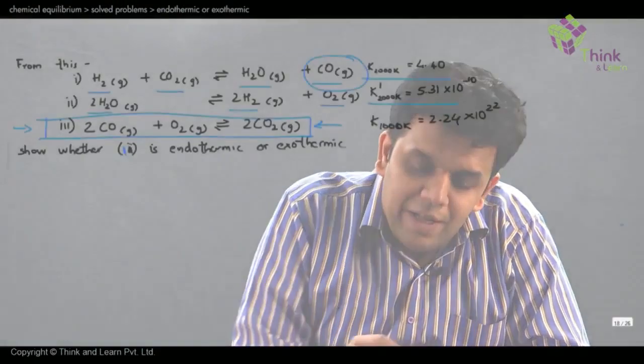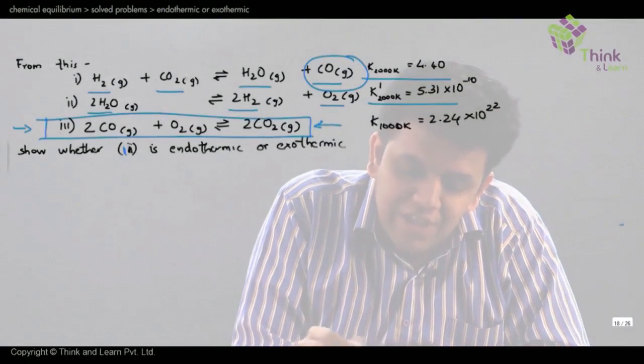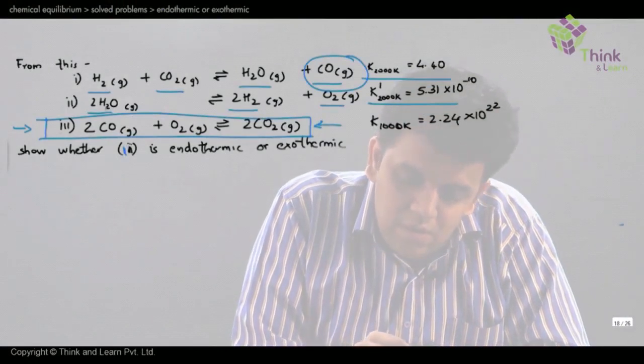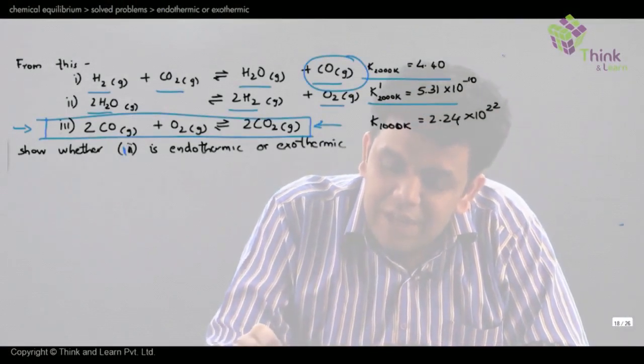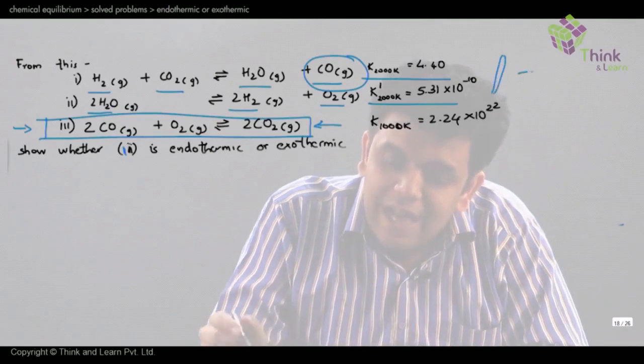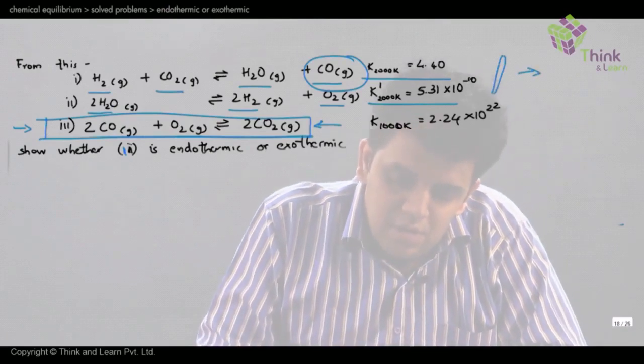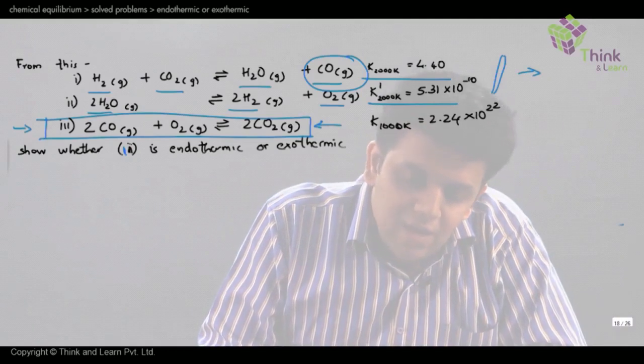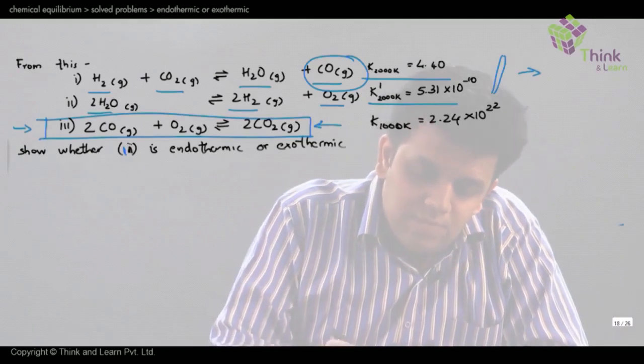Guys, now let's take a tougher problem. We have the following data wherein hydrogen reactions are there. There are two reactions with K1 and K2 that are indicated at 2000 degrees Kelvin.